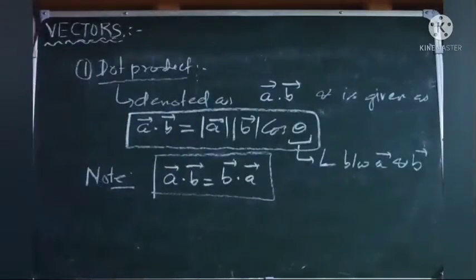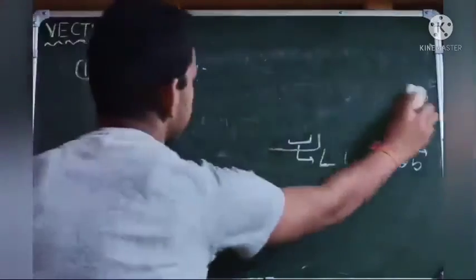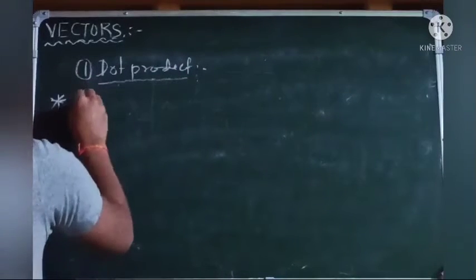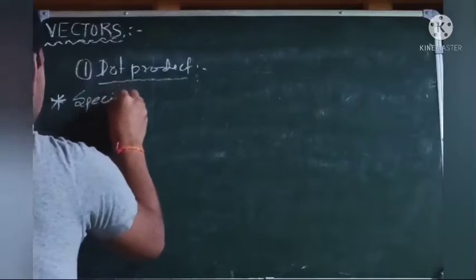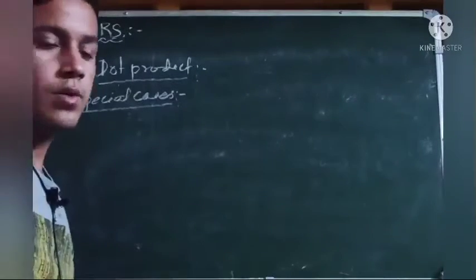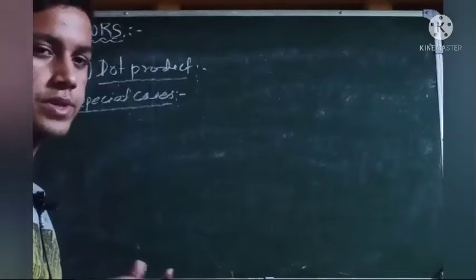Next, let us see some special cases in case of dot product. Suppose we have to find the dot product between two vectors which are same.